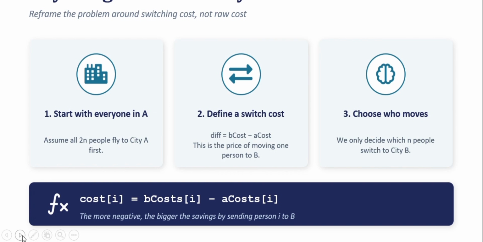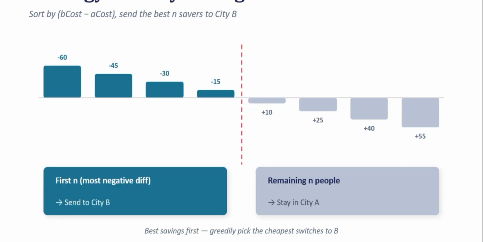The difference is cost of A minus cost of B. Or we can say bCost minus aCost is the price of moving one person to B. So we only decide which n people switch to city B. So we need to sort by this difference: cost[i][0] minus cost[i][1], where index 0 is the A cost and index 1 is the B cost.